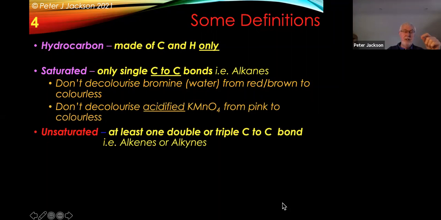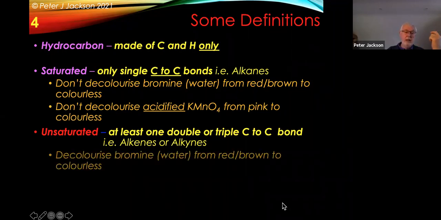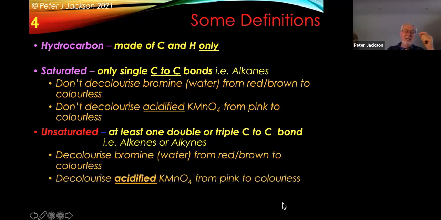If it was an unsaturated hydrocarbon, such as an alkene or an alkyne, or any unsaturated compound, it contains at least one double or triple carbon to carbon bond, i.e. the alkenes and the alkynes. These do decolorize bromine or bromine water from red-brown to colorless, or they decolorize acidified potassium permanganate from pink to colorless, and you've got to use the word acidified.